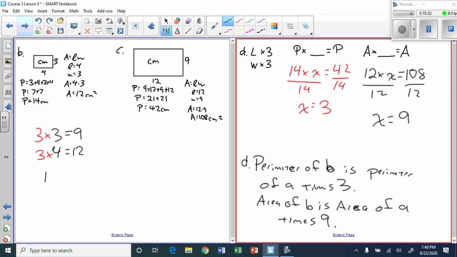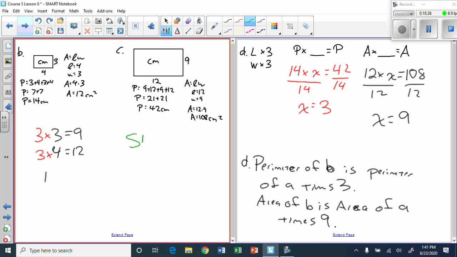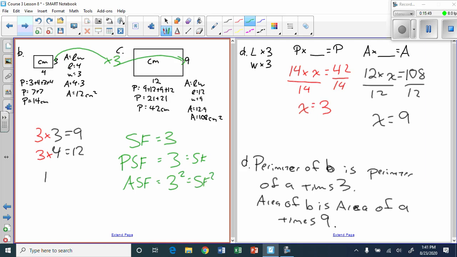Now, one of the things that's fun about that is this fact that, just so you know, if I have a scale factor of 3, and that's exactly what we have here, because 3 times 3 is 9. The perimeter scale factor stays 3, because it stays the same as the scale factor, but the area scale factor is going to be 3 squared because it's the scale factor squared.